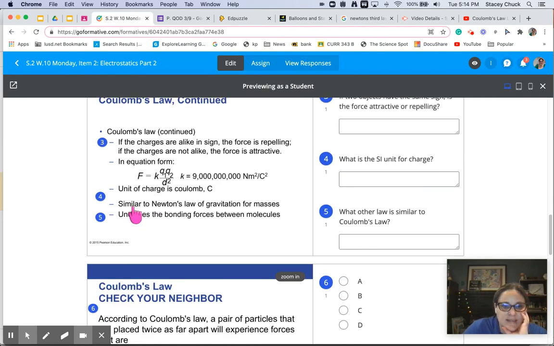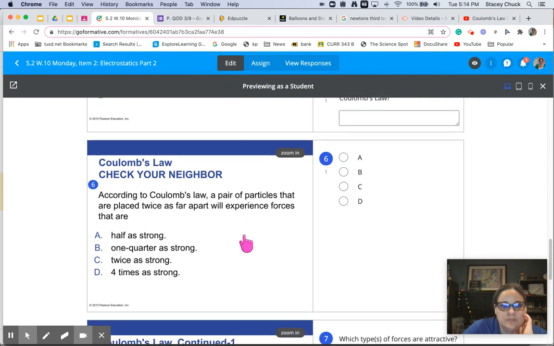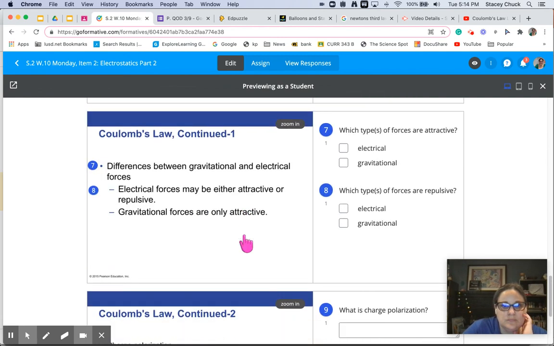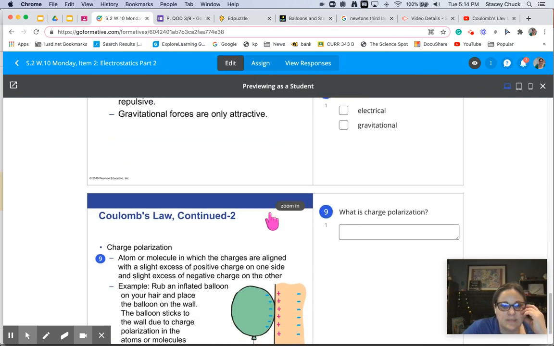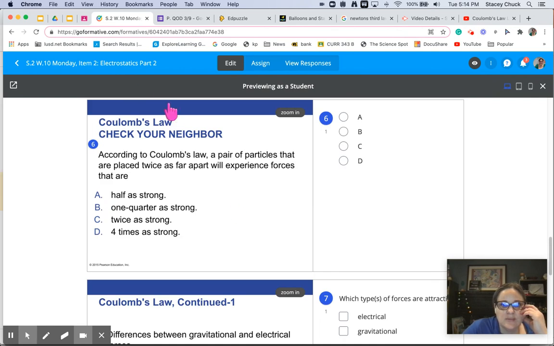Here it says it's similar to Newton's law of gravitation for masses. Differences between gravitational and electrical forces: electrical forces may be either attractive or repulsive. Gravitational forces are only attractive. Okay, so that's all that's mentioned here.